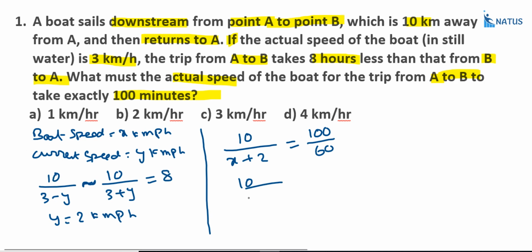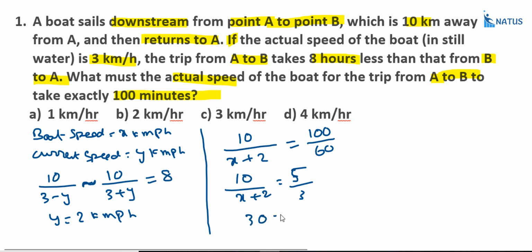So 10 by x plus 2 is equal to 100 by 60, which is 5 by 3, right?